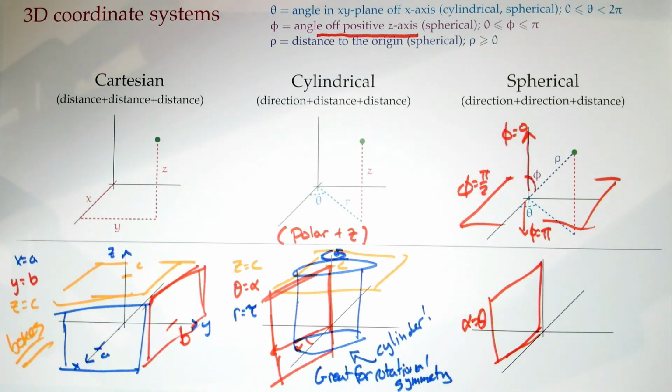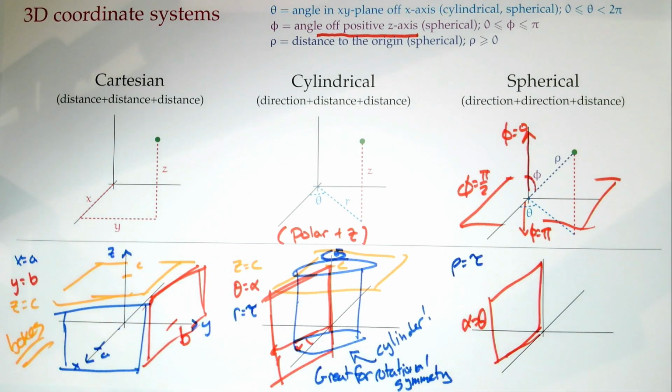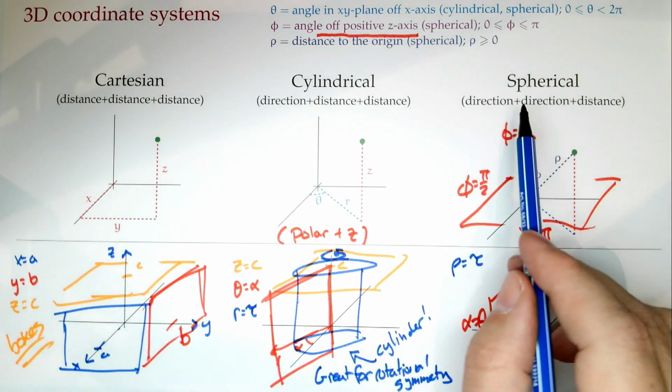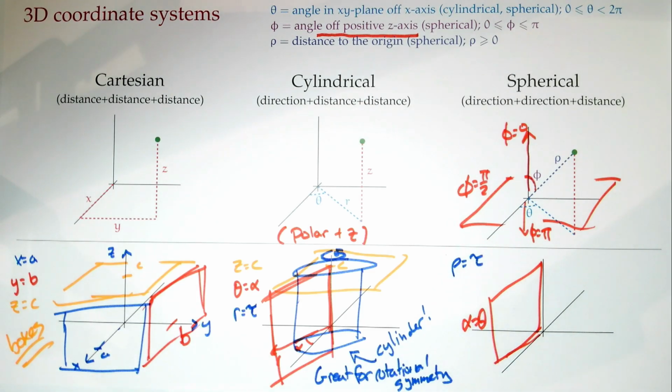What about rho? Let's talk about rho. Suppose I look at something of the form rho equals tau. What would I have? I'll give you a hint. It's a sphere. So what's rho? Rho is the distance from the center, which is the origin. So I'm looking for all points which are a fixed distance, in this case tau, from your center.